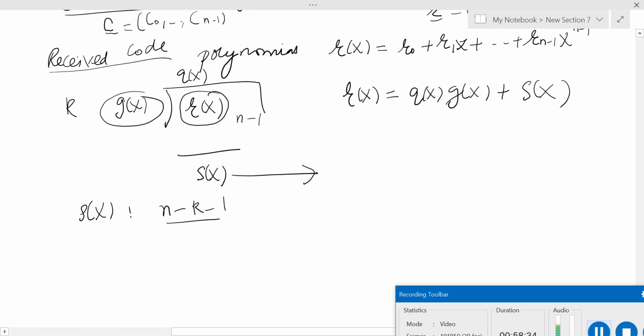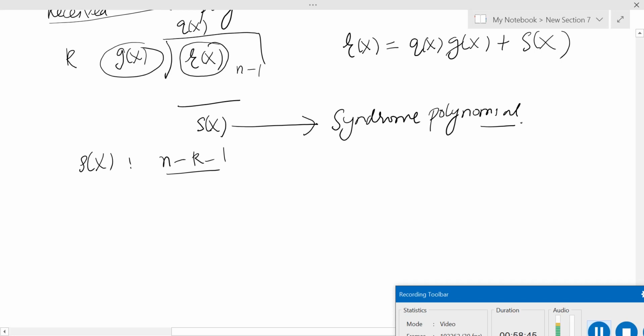This remainder polynomial is called the syndrome polynomial, because you will see, when we do the example, that its coefficients make up the n minus k cross 1 syndrome.